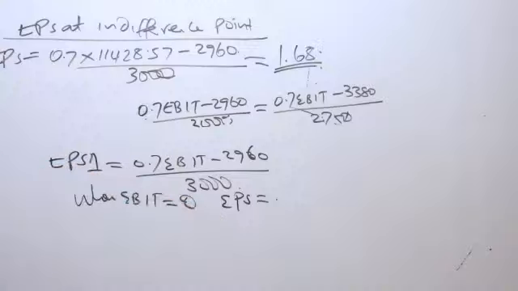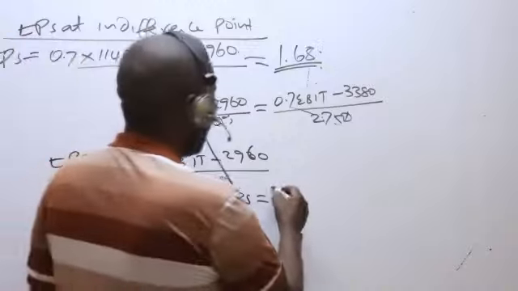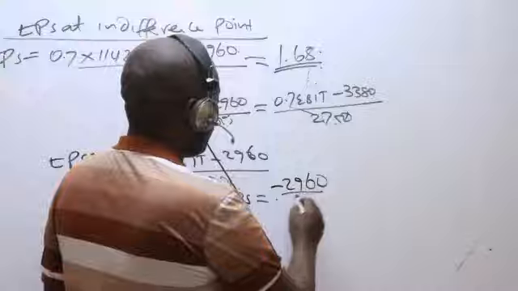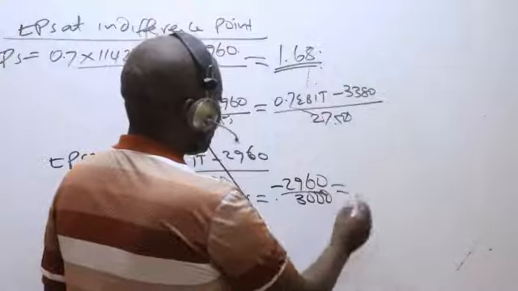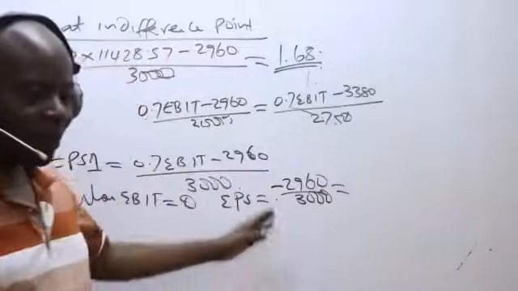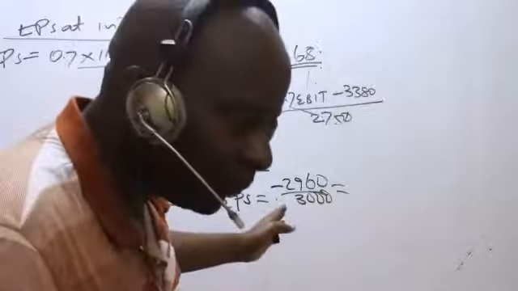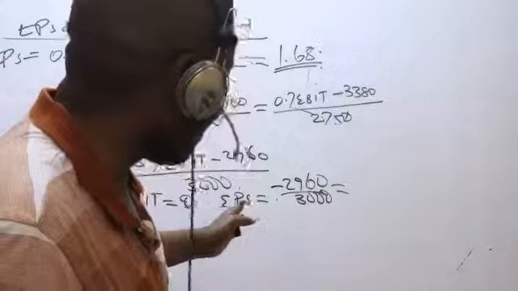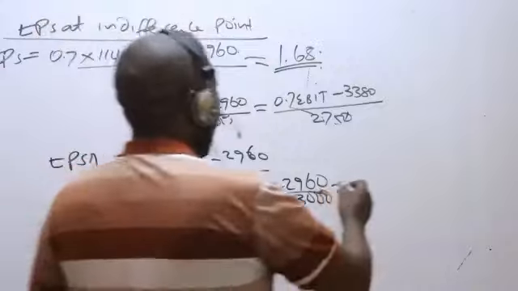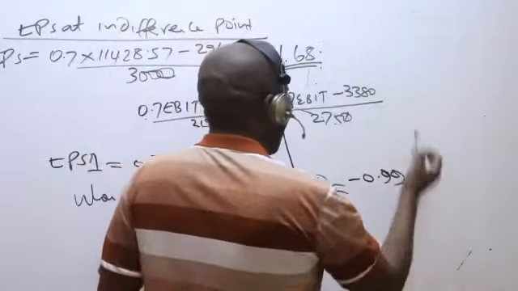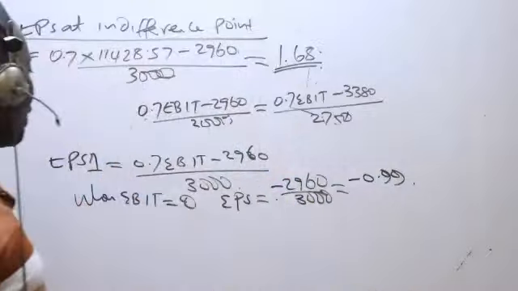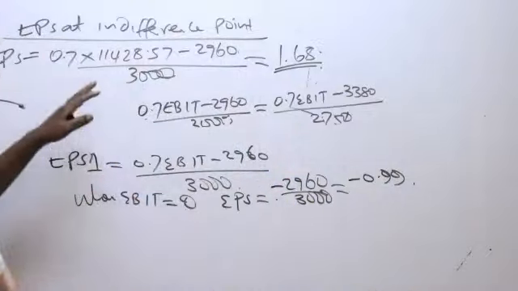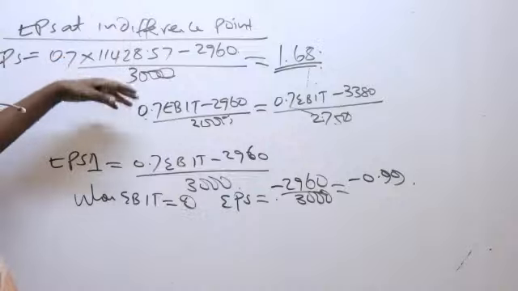So this automatically translates to minus 2960 all over 3,000, which will give me what figure? Minus 0.99, right? And then we have the second point. For the second point, try to make use of the EPS point.